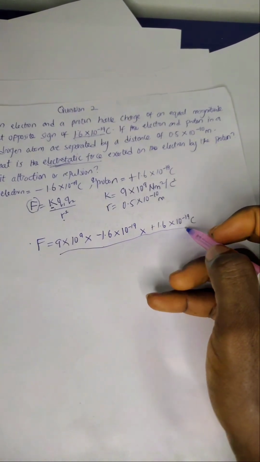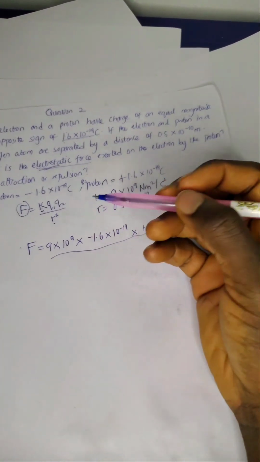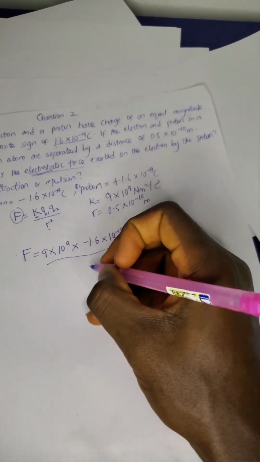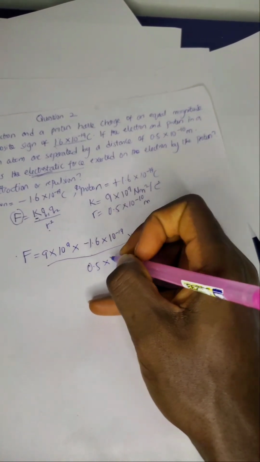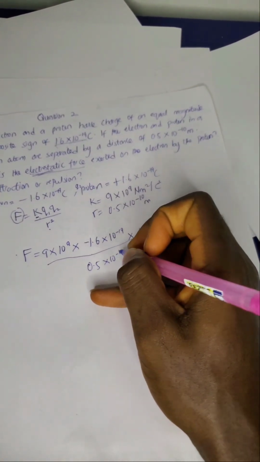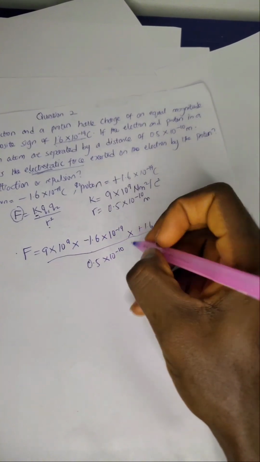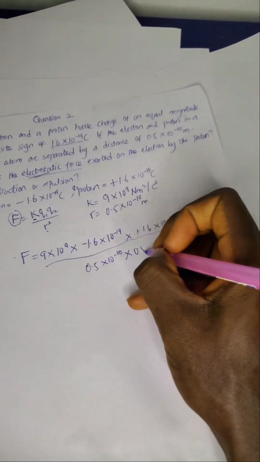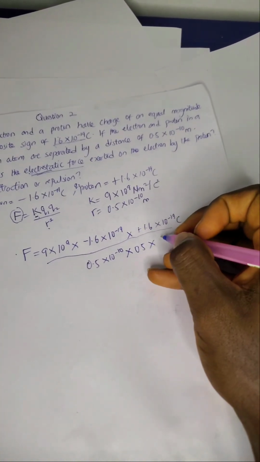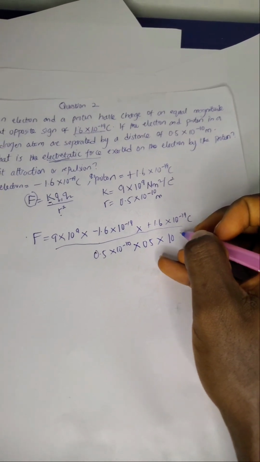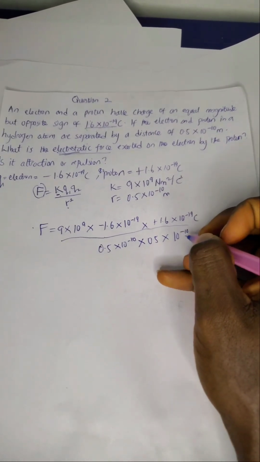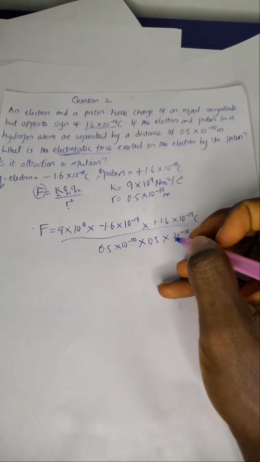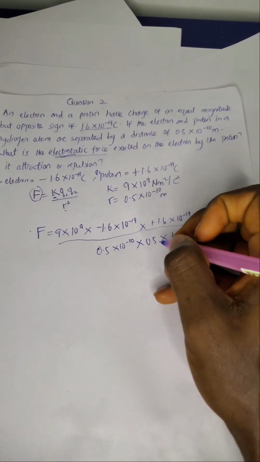over our distance, which is 0.5 times 10 to the power of minus 10, squared. So the same thing times 0.5 times 10 to the power of minus 10. Now let's do our calculation.